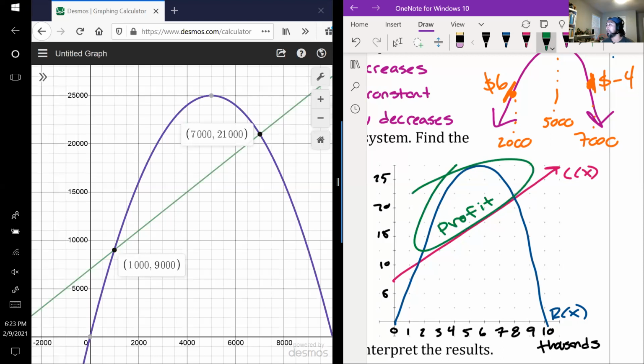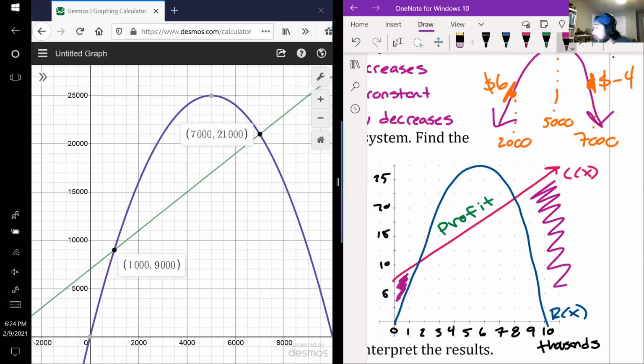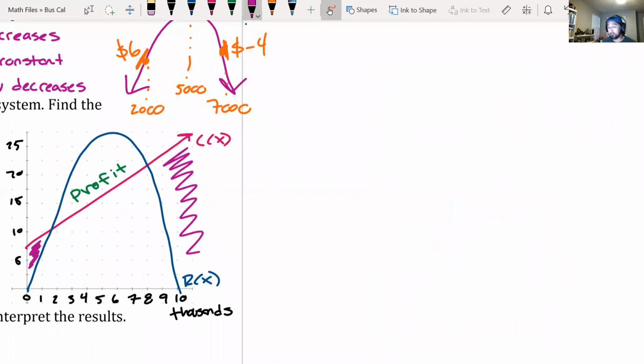Everything here is above your cost function, therefore it's profit. And then everything below, down here, I'll do it in purple, would be a loss. So everything here, those are our regions of loss. And that is the quick way to shortcut that.